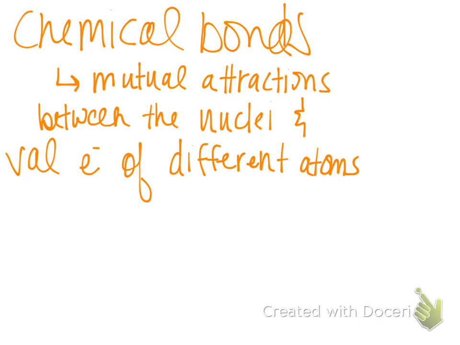Okay, so a chemical bond, there's a couple different types we're going to talk about, but in general, a chemical bond is an attraction between the nucleus of one atom and the valence electrons of another atom.